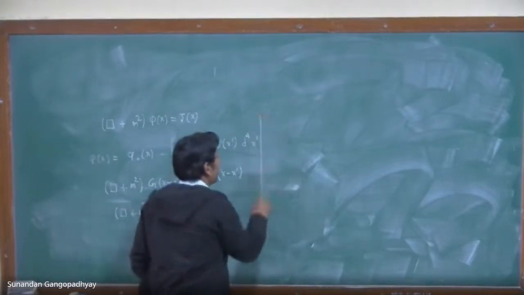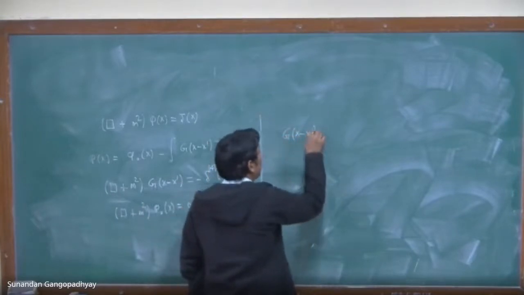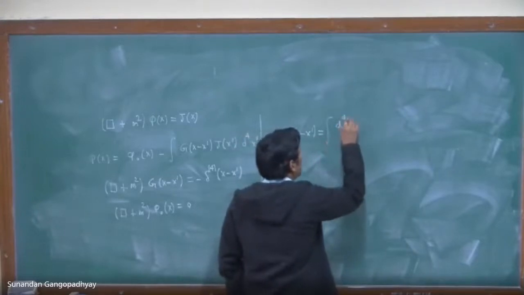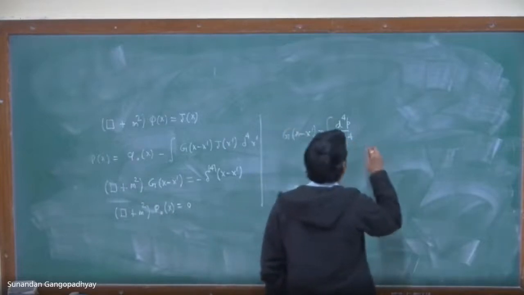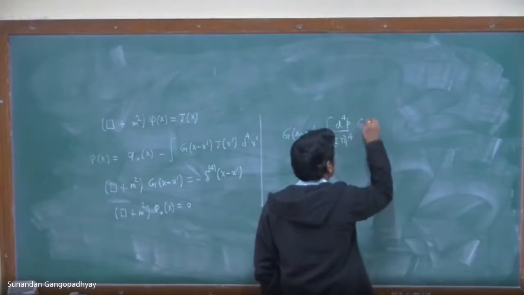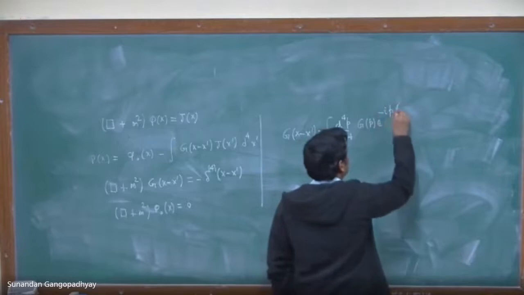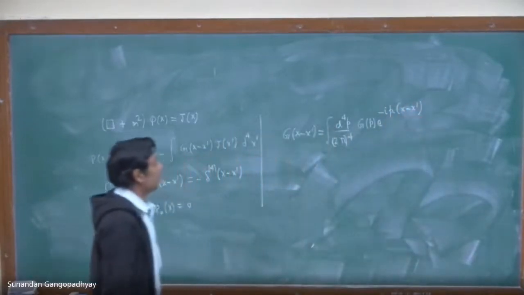So we discussed this thing, and our aim is to find out the form of this Green's function, and this you can actually find out by the method of Fourier transform. So we write G(x - x') in the following form: G(p) e to the power of minus i p dot (x - x'). Then write this in this form.